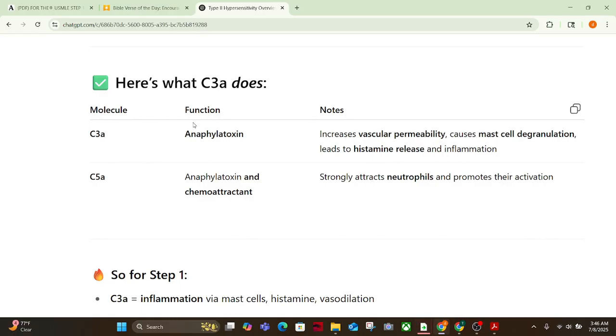So C3a is what's involved in type 1 hypersensitivity, because C3a deals with anaphylaxis. And C5a, I know it says anaphylatoxin here. It is, but for Step 1, it's usually talking about calling neutrophils in. So you have to remember C3a is for inflammation by mast cells, histamine, vasodilation. C5a is to attract neutrophils.